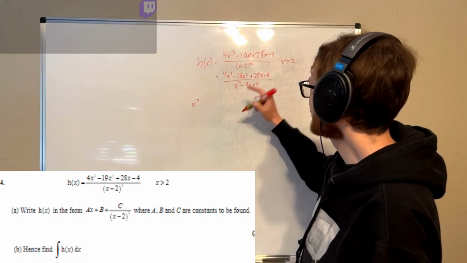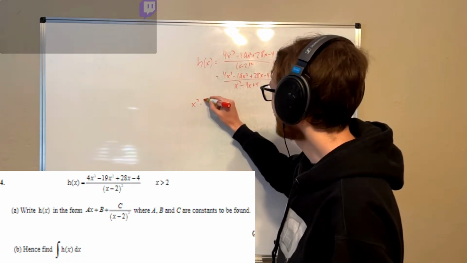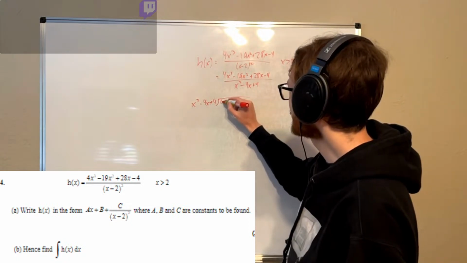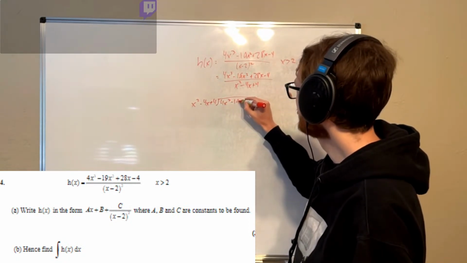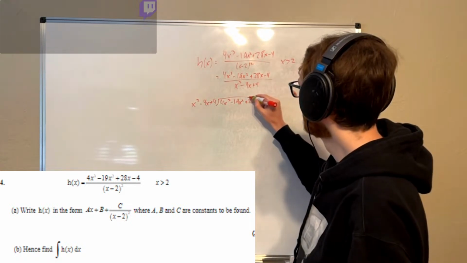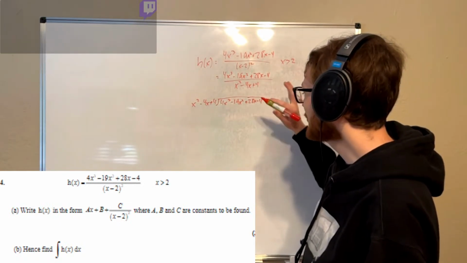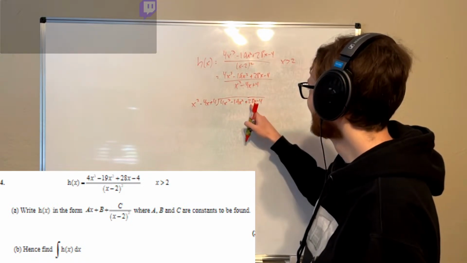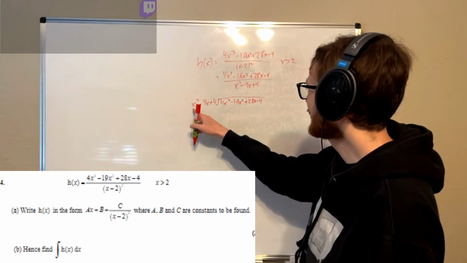I mean, synthetic division should theoretically work too. I never remember how to do synthetic division. It's too much memorization for me. Okay, so if we do the long division, we're gonna start over here.